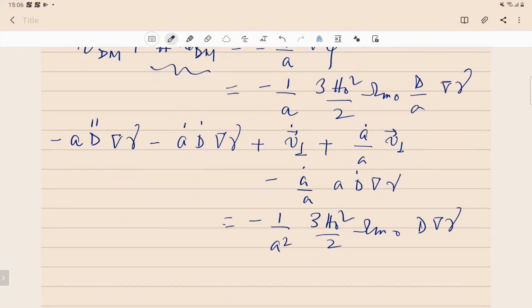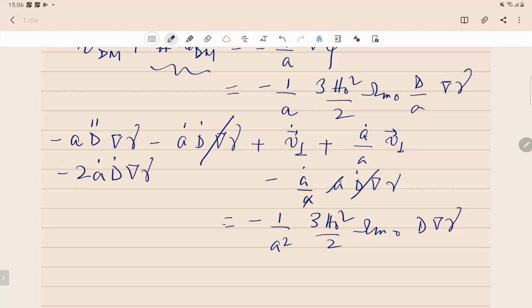Okay, so there would be many cancellations. So this a dot d dot term, this a cancels. So this and this together gives you a minus twice a dot d dot grad gamma, right?